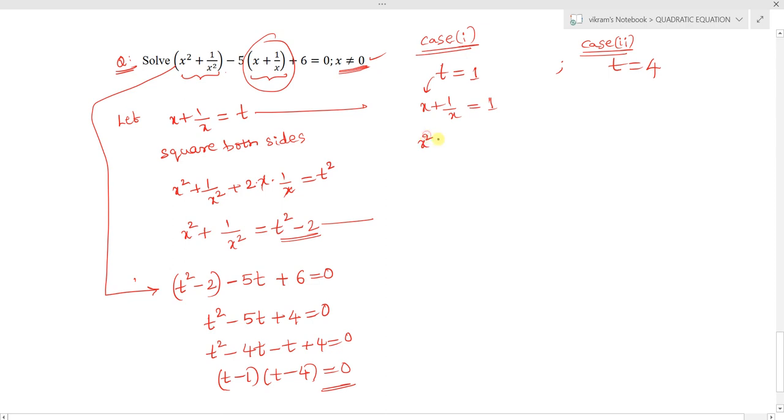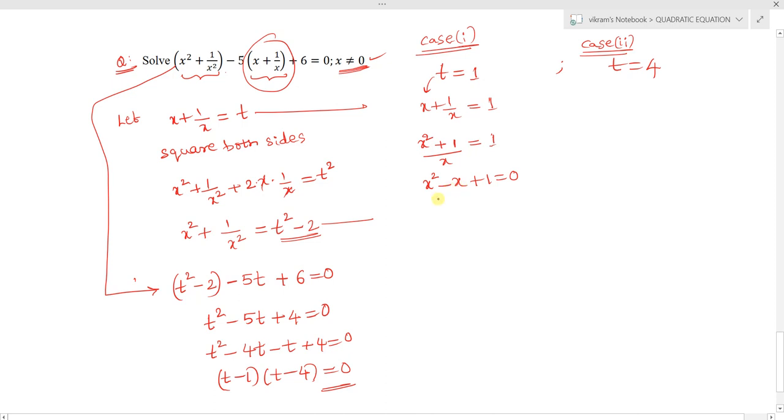Directly I am writing x square plus 1 by x equals 1, and then x square minus x plus 1 equals 0.